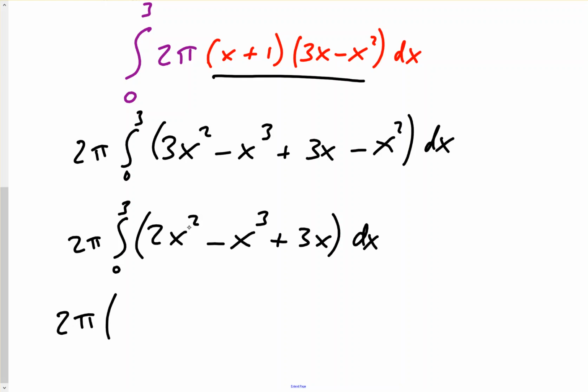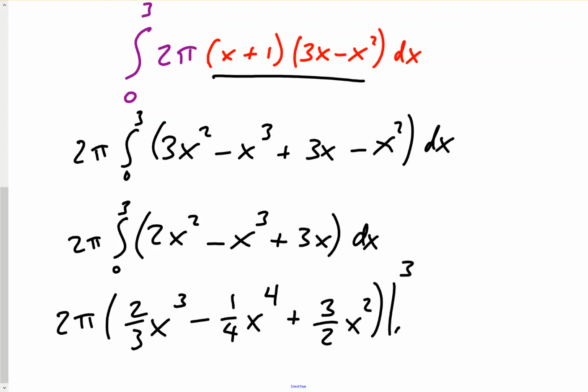So we have x squared becomes x cubed divided by 3, so we have 2/3 x cubed minus 1/4 x to the 4th plus 3/2 x squared.